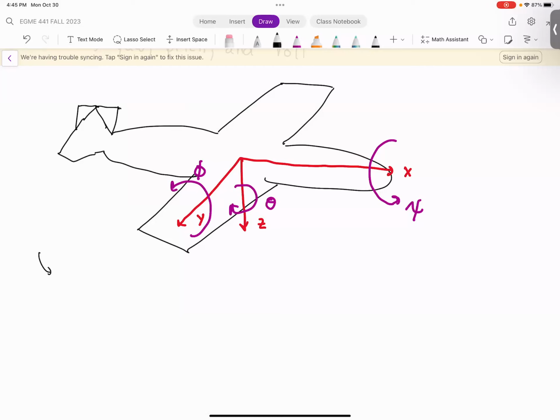And so in this configuration, with the plane on the ground and it hasn't started moving yet at all, just a little terminology, we're going to call this the lab frame.